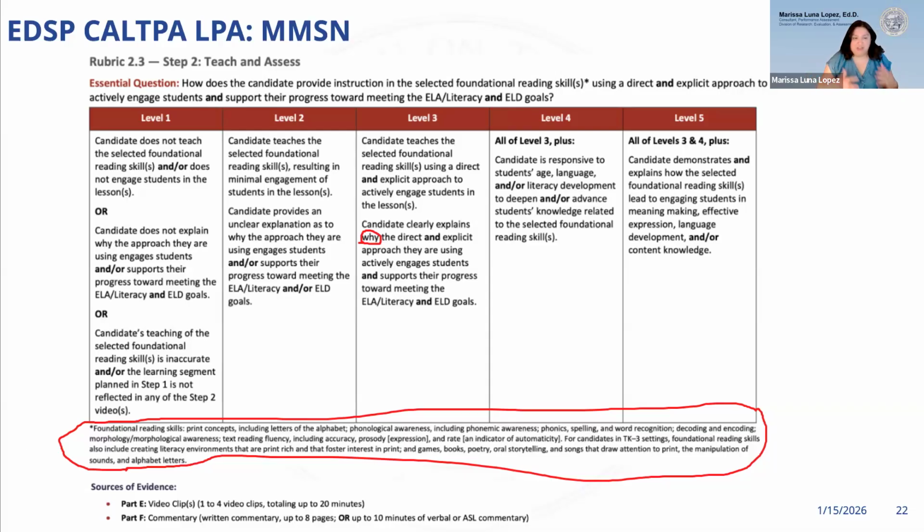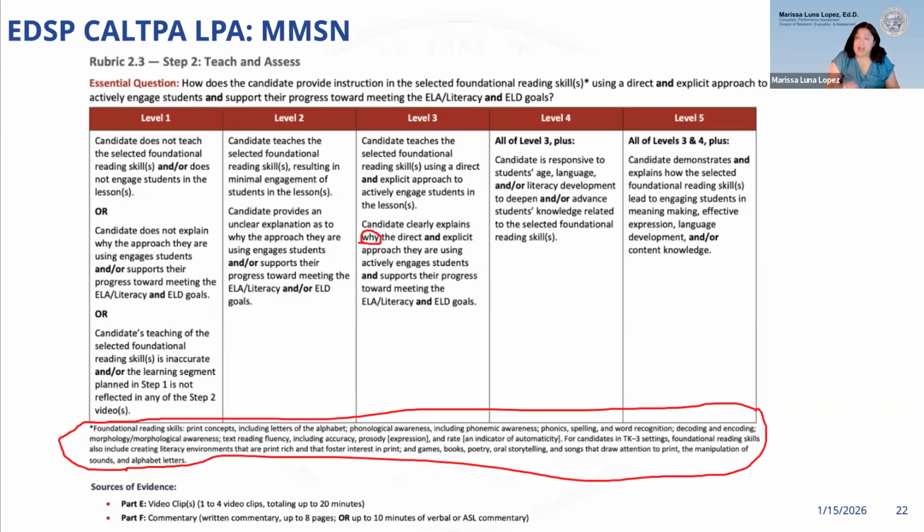And actively engaging students, that can be challenging, right? Because for one person, active engagement means one thing or another. And to me, active engagement means that the learners are doing something, right? So if a candidate is just talking at a student, and I know that it's challenging within an education specialist environment for what active engagement looks like, but this is something that the candidate can provide information on in their contextual information.